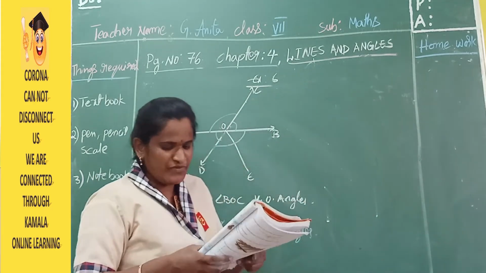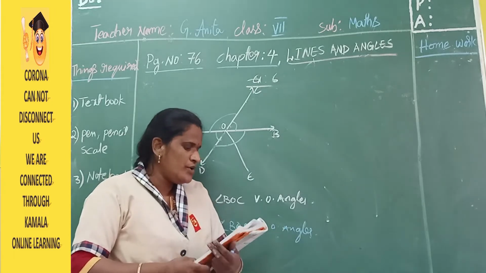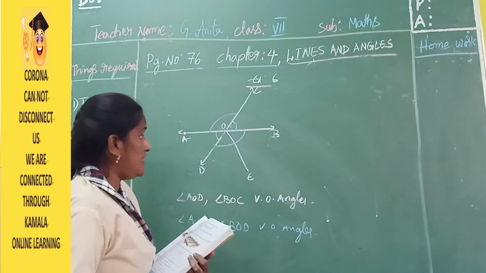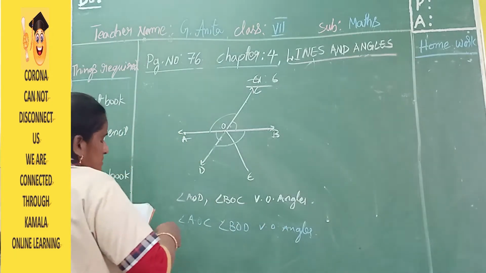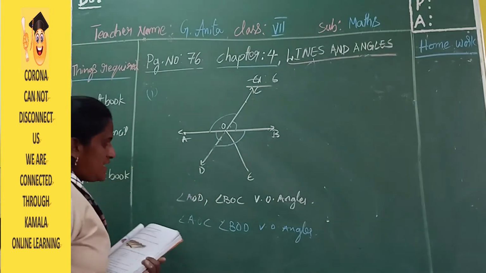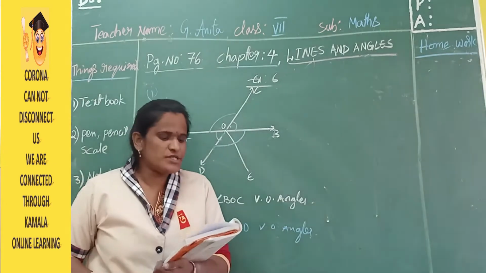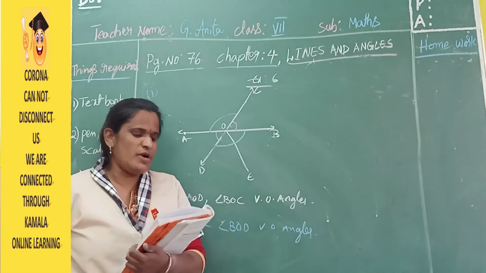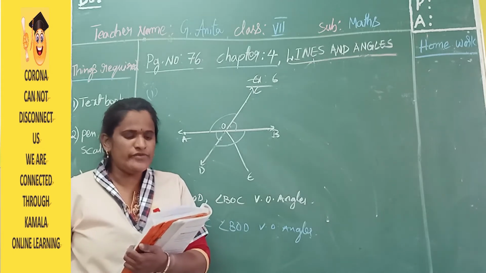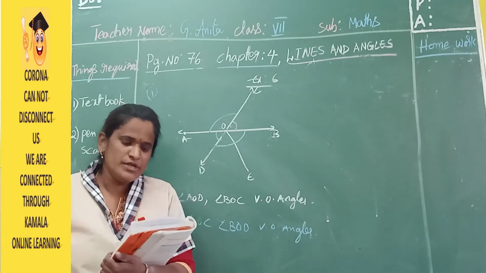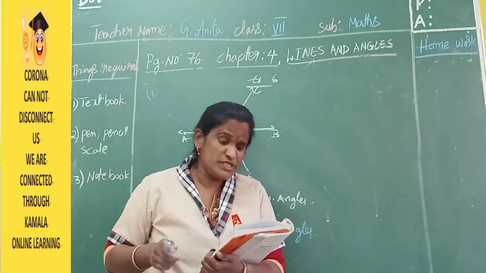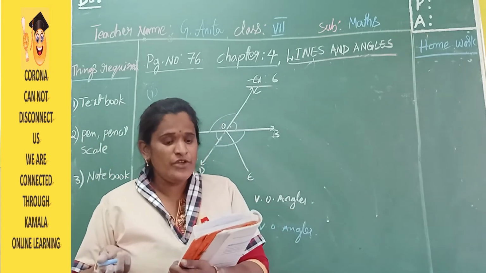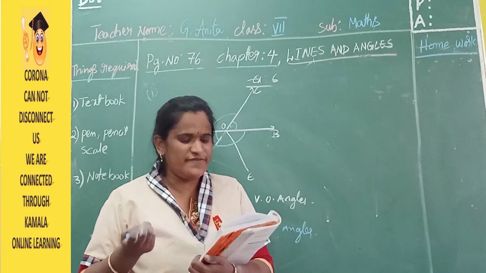Exercise 6, first problem finished, and the second one is most important. Children, listen properly. Okay. So first problem finished, and the second one: find the measures of x, y, z without actually measuring them. So they are asking that without actually measuring, we have to find the x, y, z values.